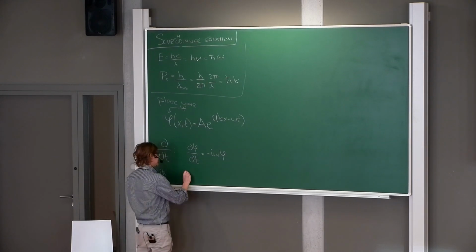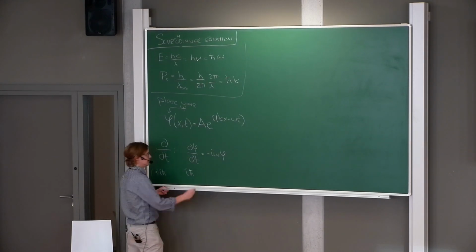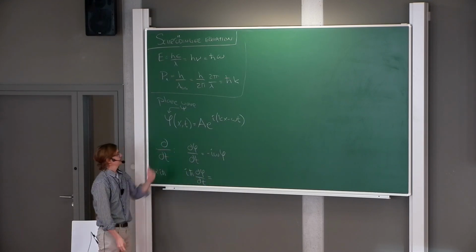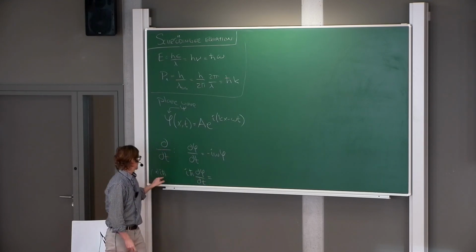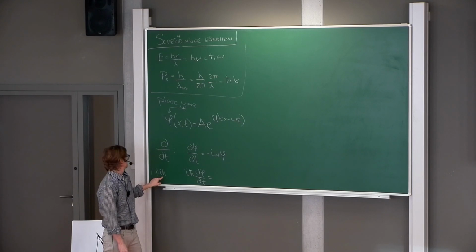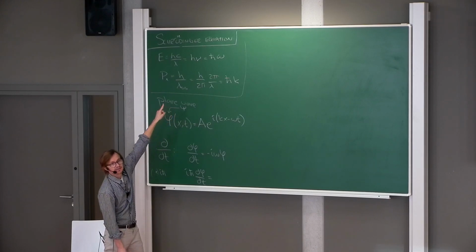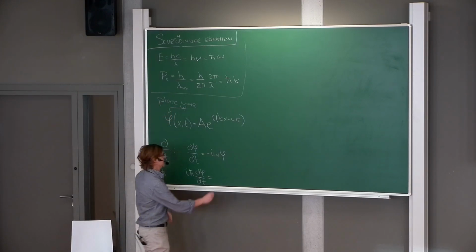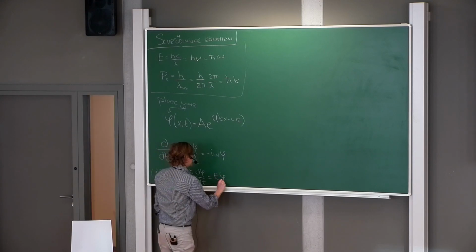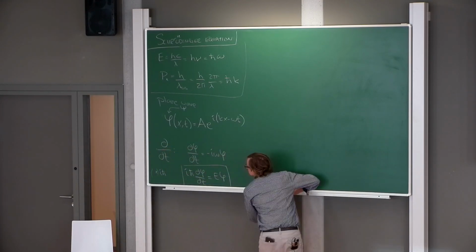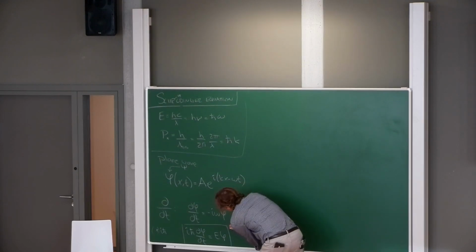So we multiply this by i times h bar. We get i h bar partial phi partial t. And on this side then, well, we have omega h bar, right? And omega h bar is just E, up there, de Broglie, right? So that's just E phi. So that's a little neat equation that we have. Can call it 1.